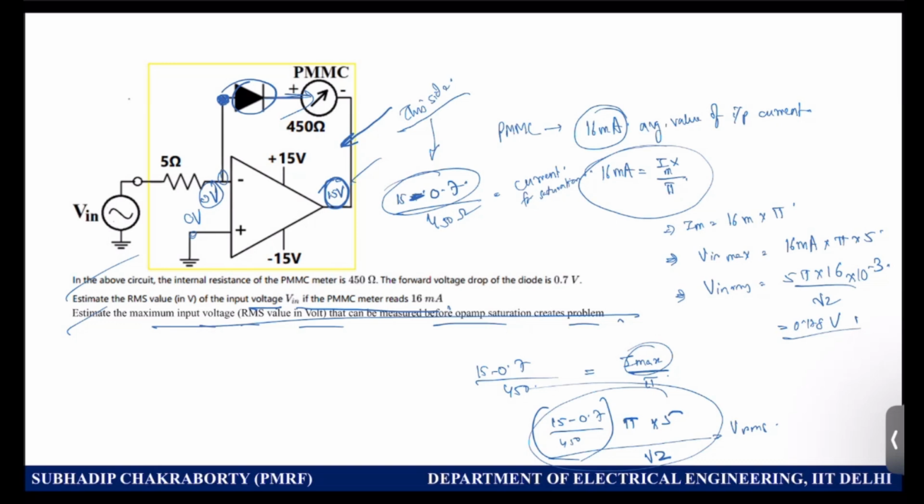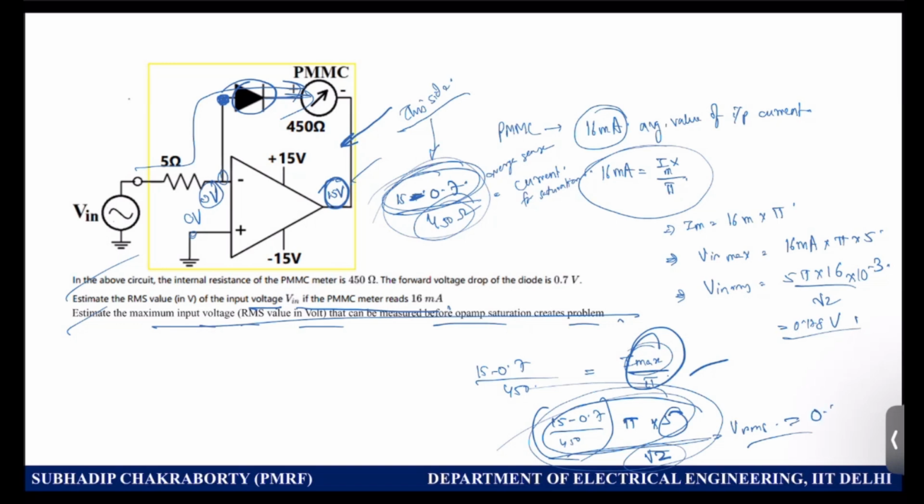So this side it should be 15 minus 0.7 in the average sense, and we calculate the average current, and the same current will flow through this also, and we equate with the average current form, and then we find the original current form, and then multiplying with the resistance we get the voltage and the RMS voltage. So the answer is coming out as 0.354.